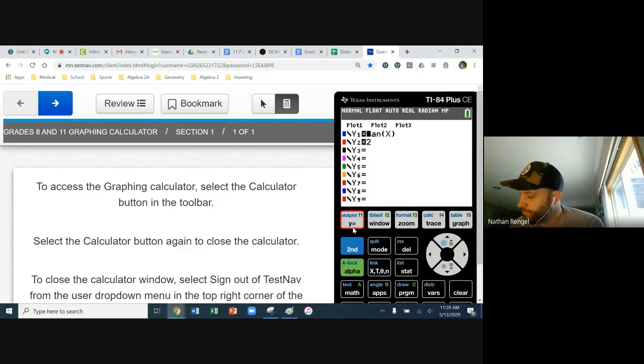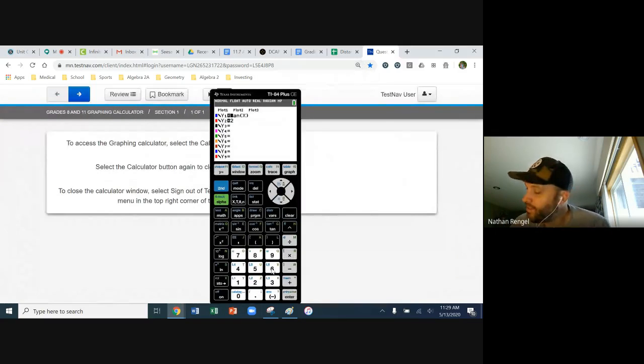Heading into problem 2: 6 tangent 2 theta. Now we're getting an amplitude of 6, and we want to see when it's equal to 1. 6 tangent 2 theta, use your x, and we want to find out when is that equal to 1.